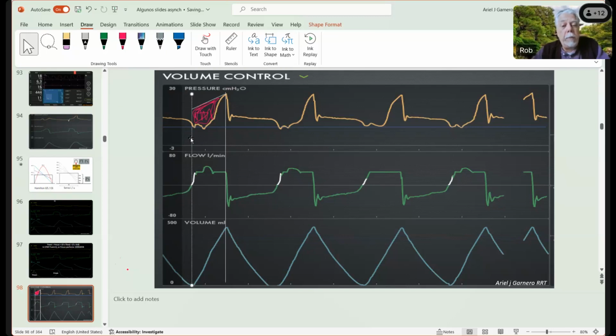So technically speaking, you could argue that that is a late cycle, because if you were to put this patient on NAVA again, then the patient would exhale when that bump came down. So we're forcing the patient to have an inspiratory time that's longer than the patient's neuroinspiratory time. And I would say for those 3 breaths that we're looking at, that would be late cycle. You agree with that, Ari?